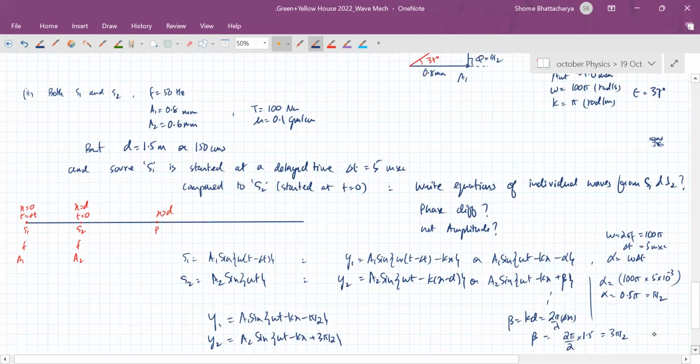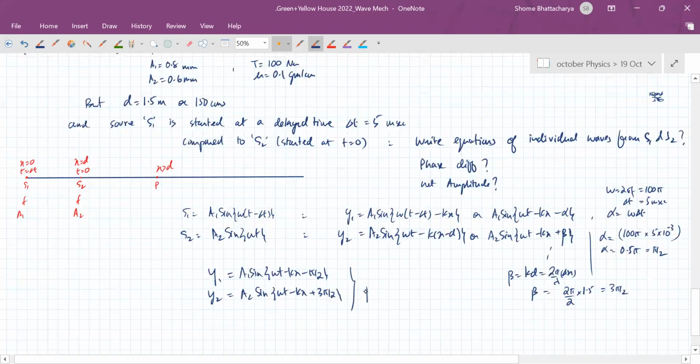So you can see that the phase difference between them, how much is it now?